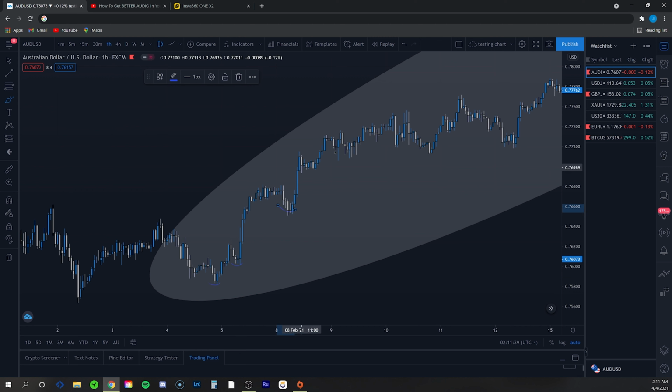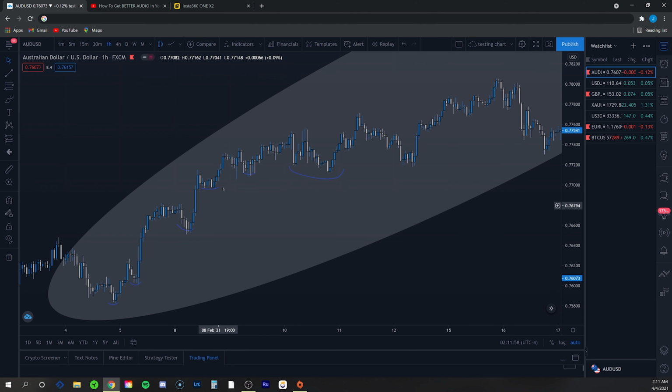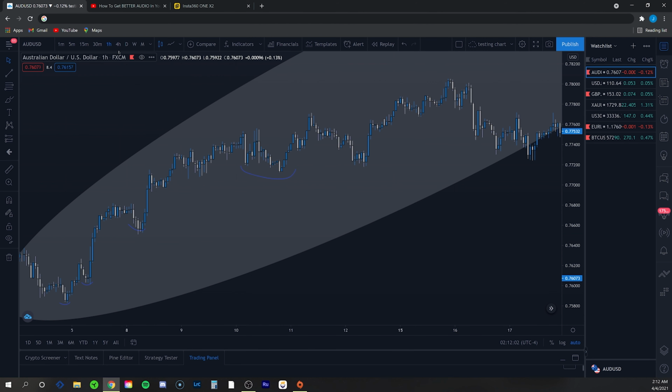But we can count it as just a minor area, right? So this is the main higher low point right here. So just so we don't get too confused, main higher low point. As you see that, we do see some pullbacks.